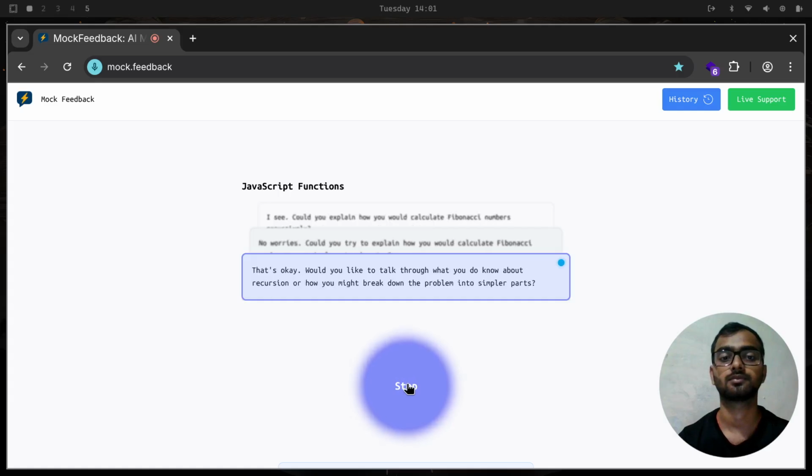That's okay. Would you like to talk through what you do know about recursion, or how you might break down the problem into simpler parts? Okay, for calculating factorial, I can talk about recursion there. Suppose we are calculating the factorial of a number, and we have defined a function that accepts the argument n.